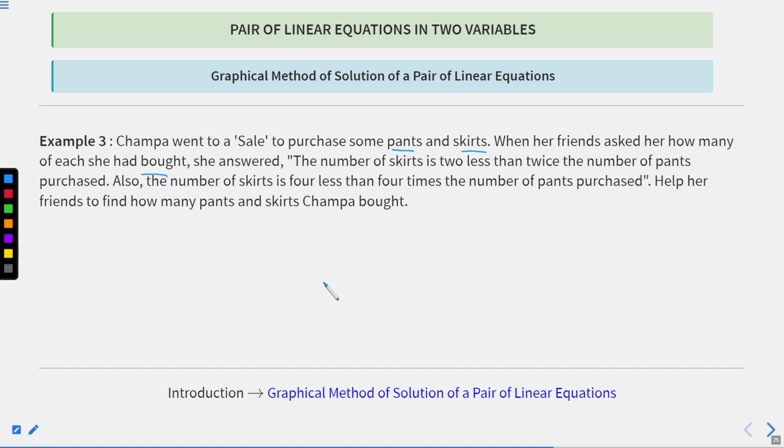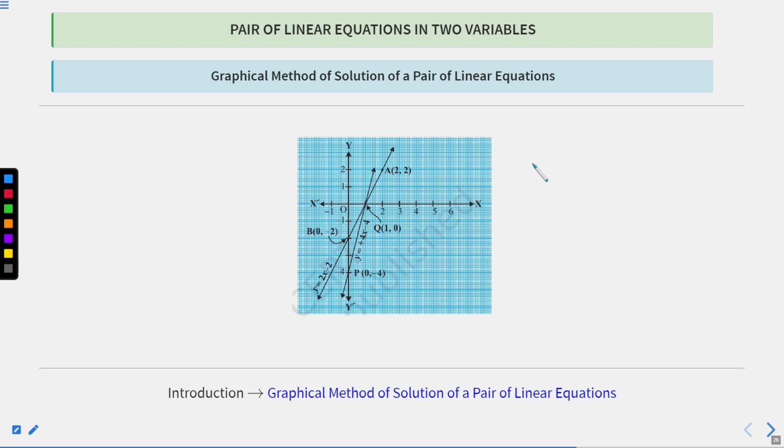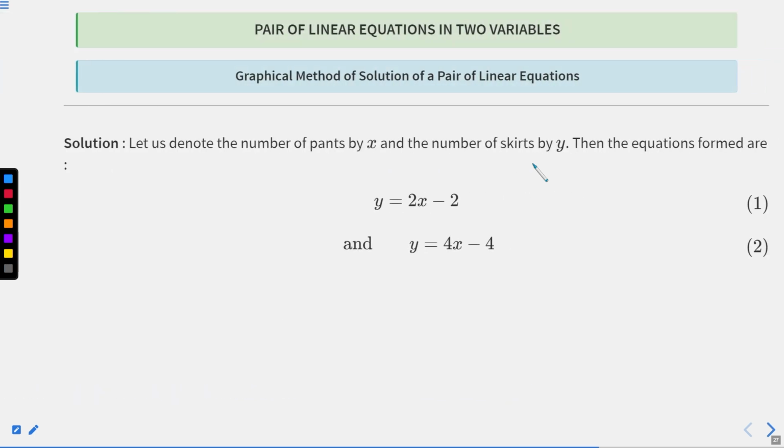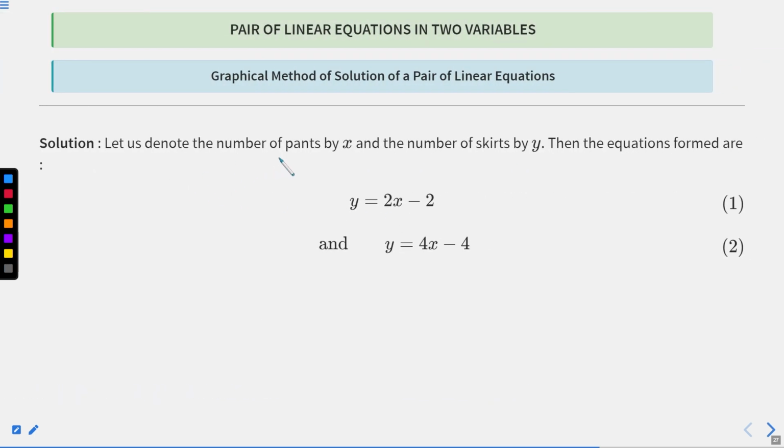And then graphically we can solve that pair of linear equations, and we'll get how many pants and skirts Champa bought. So let us solve this problem. Here let us denote the number of pants by x and the number of skirts by y.